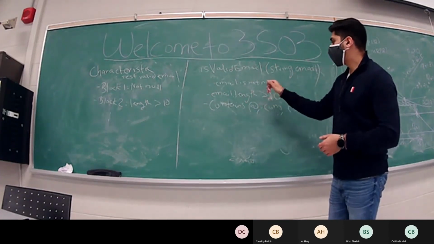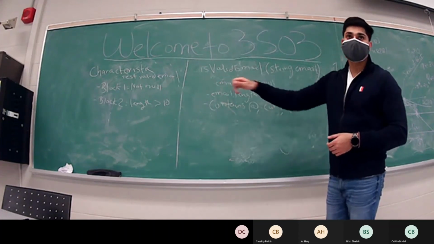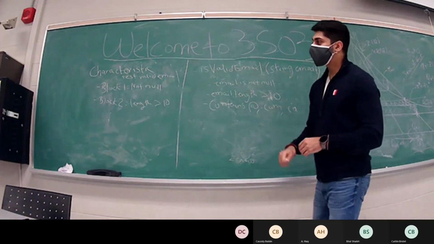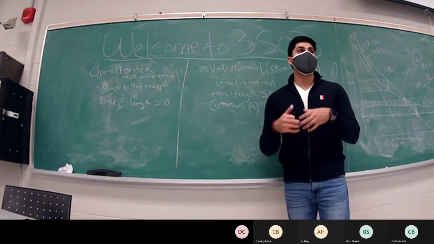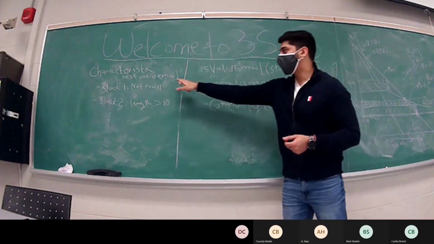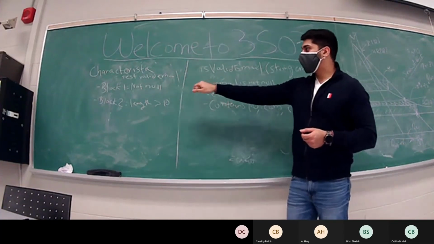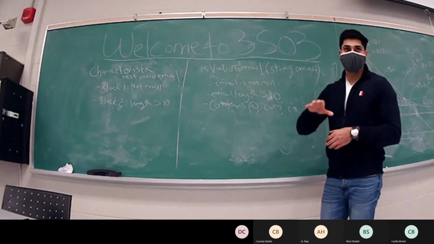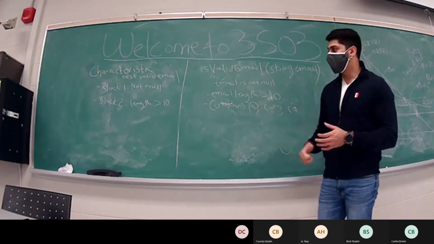It's not null, it's greater than 10 characters, but right now we only have 2 blocks. We didn't capture this last requirement, right? So right now this isn't complete. Completeness just refers to capturing all the possible types of inputs that you could pass for this particular characteristic. And you can imagine if this was test invalid emails, you would have the opposite of these, and you'd want to capture all the possible types of invalid emails.